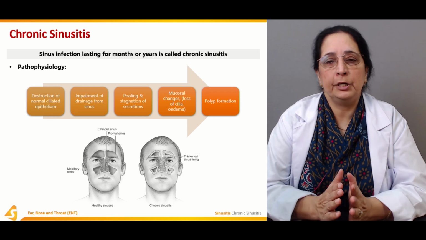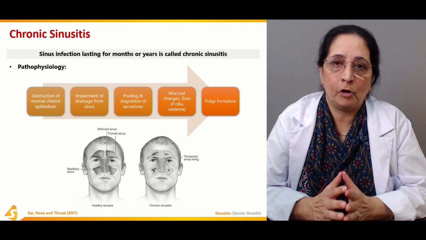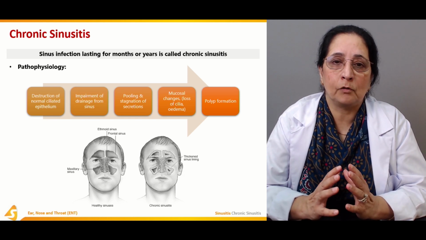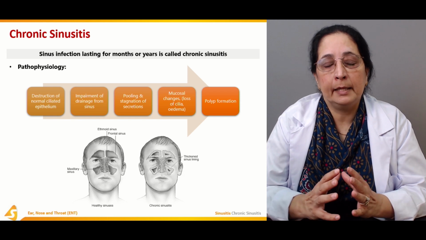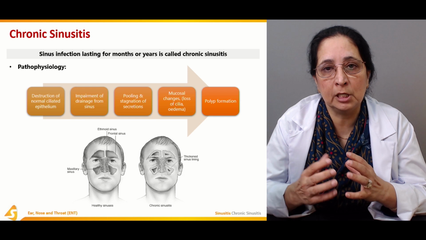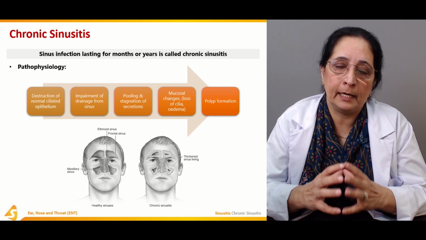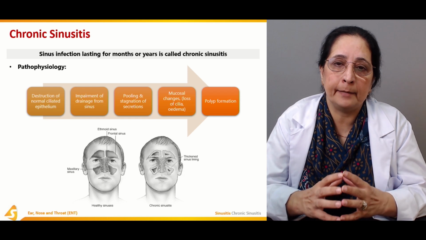A lot of the time, patients who visit the OPDs with chronic sinusitis, chronic rhinitis, have polyp formation. Polyps are mucosal growths which hang in the nasal cavity, and you can easily see them hanging.